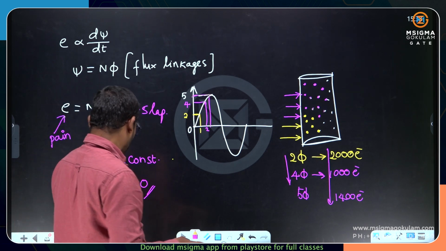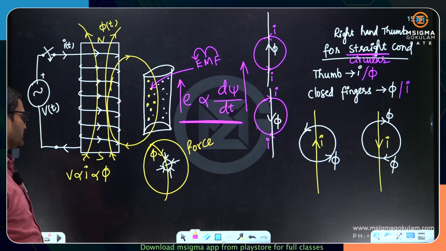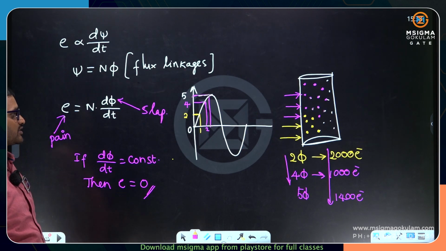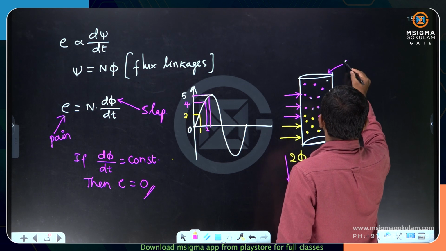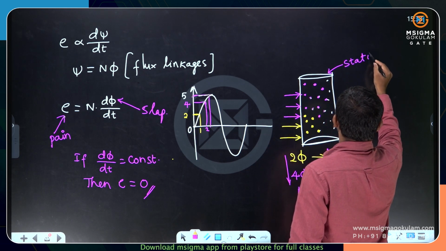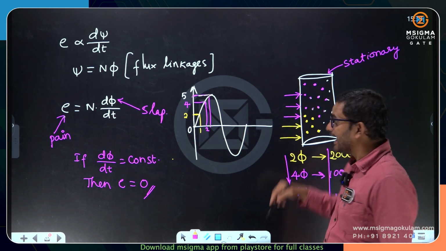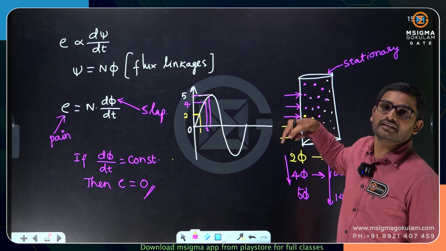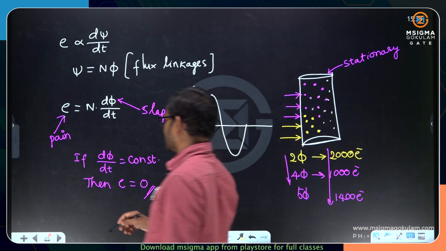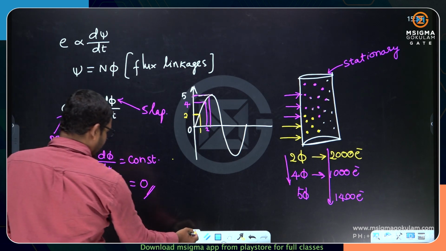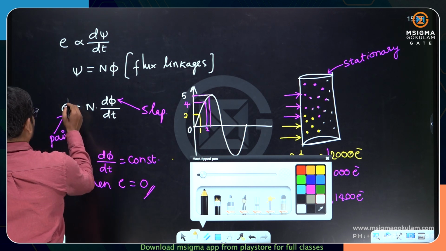Here, why are we calling it stationary induced EMF? Because the conductor is stationary here. As the conductor is stationary and EMF is inducing on the electrons, we call the induced EMF stationary induced EMF.